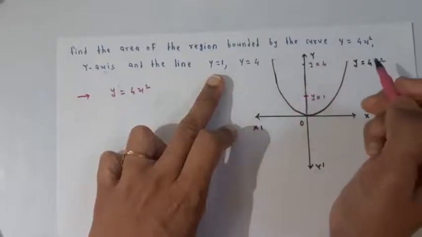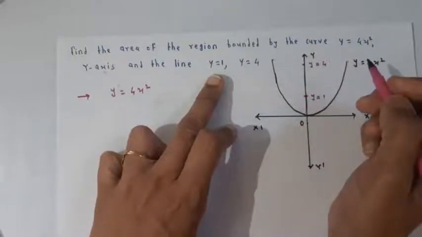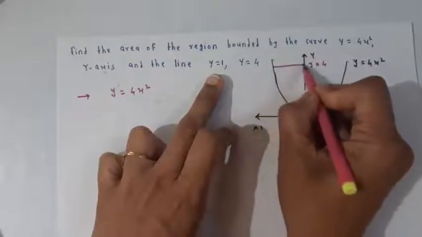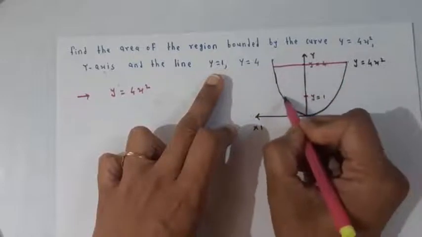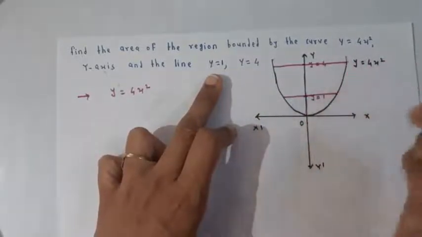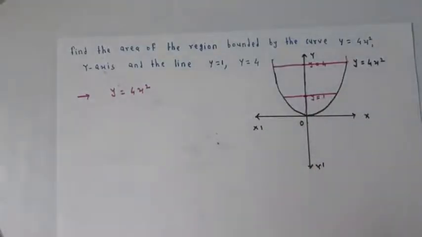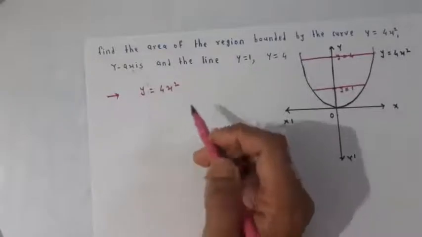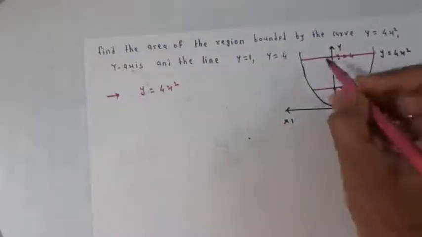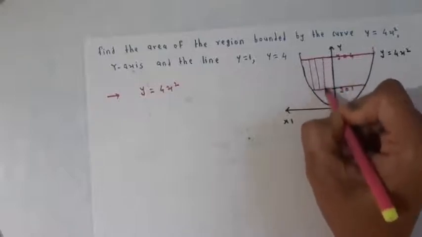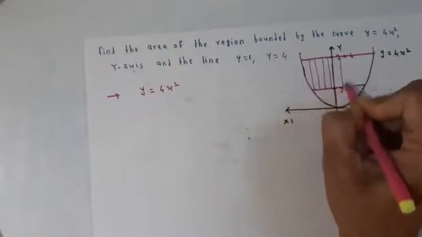This is the line y equal to 1 and y equal to 4. Now let us find out. So here this much area we have to find out.